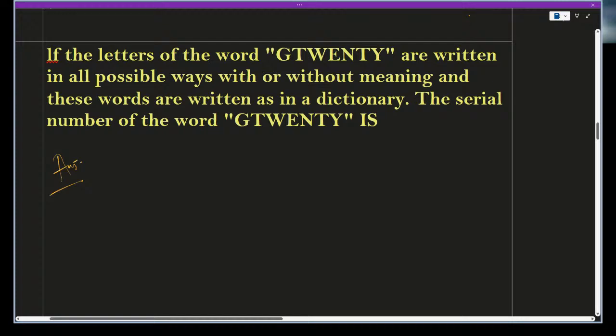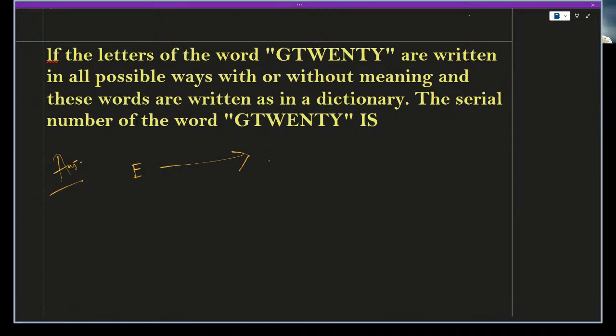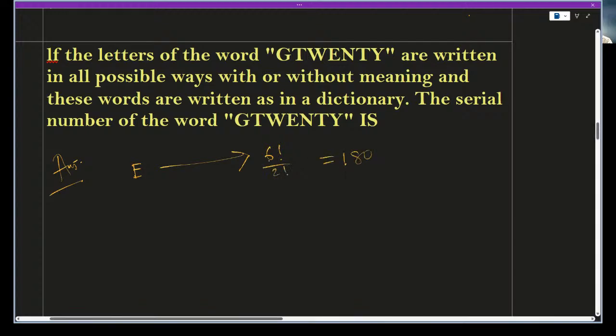Alphabetically, which one comes first? E. With E, how many elements will be there? 6 objects are there, 2 are repeated. How many? 360. 720 by 2, that is 360. After E, which one comes? E, G, N, T, W, Y. With G, you don't arrange directly.